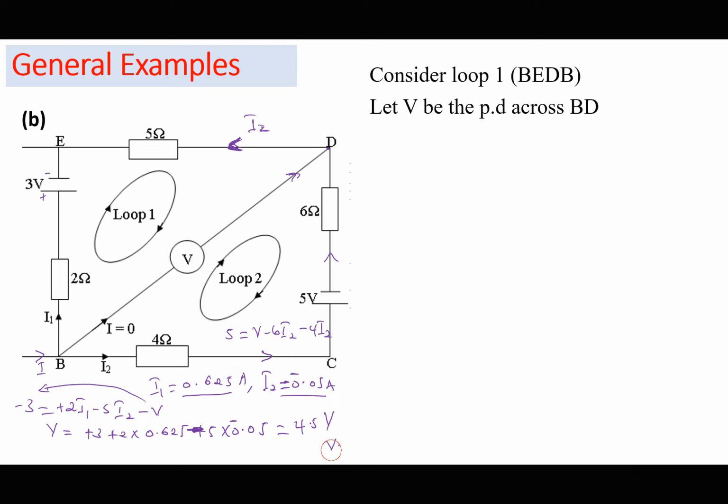So let me check. V is going to be 5 plus 10 I2, where I2 is 0.625.